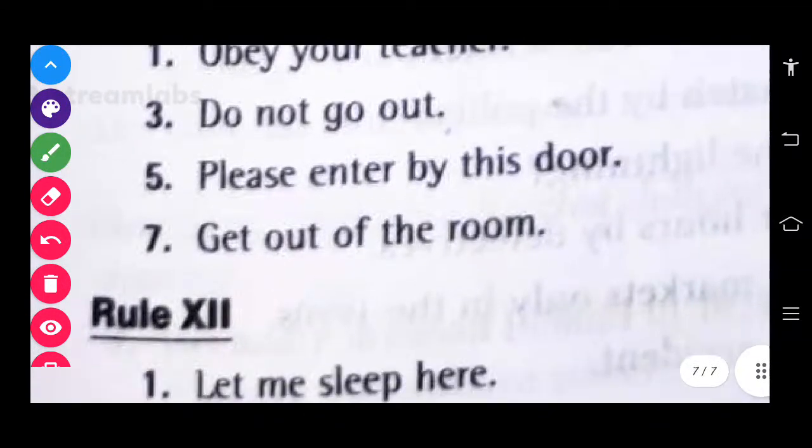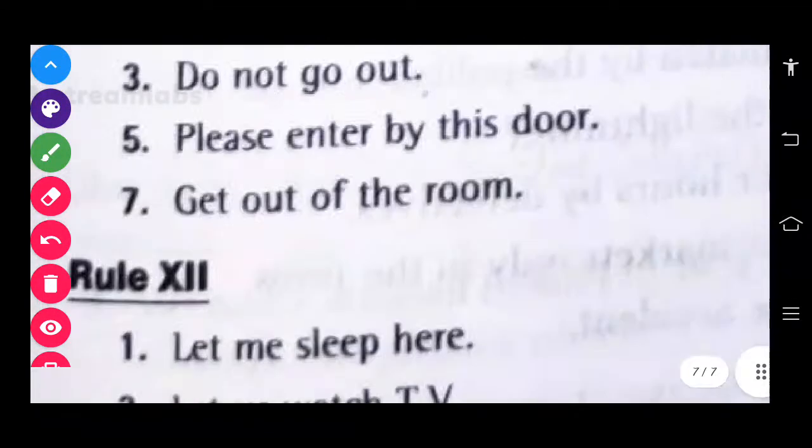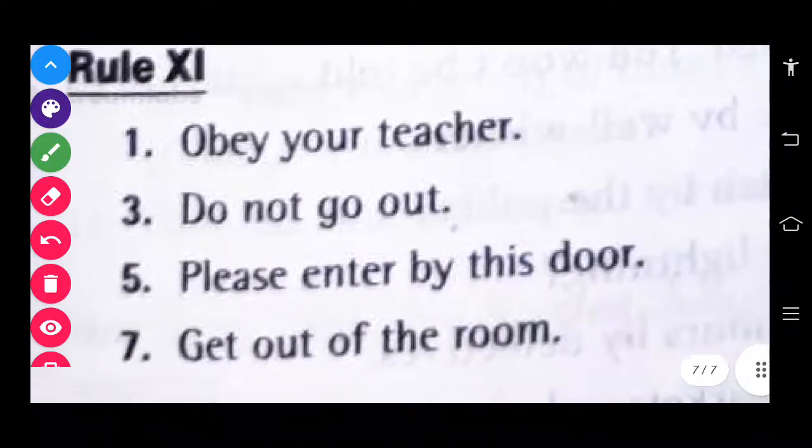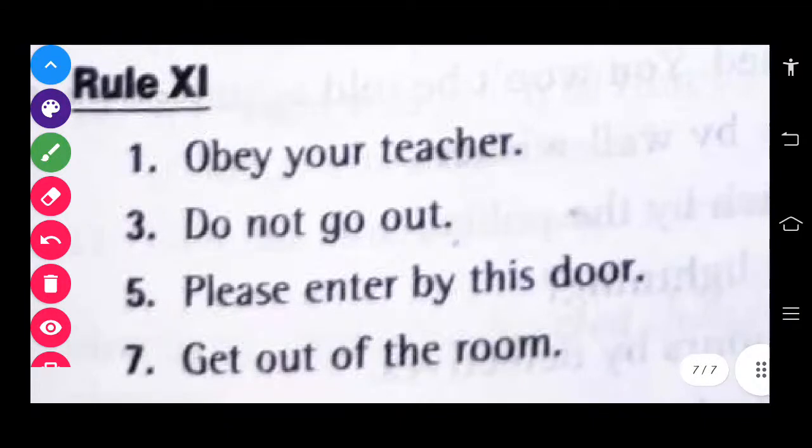And in this sentence, see: obey your teacher. The sentence starts with obey, which is a verb. As it is a verb, the passive answer has to start with let.